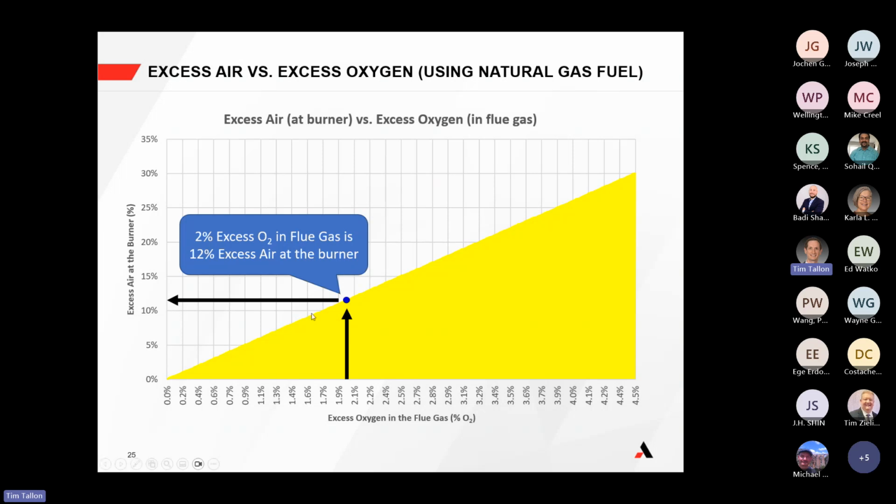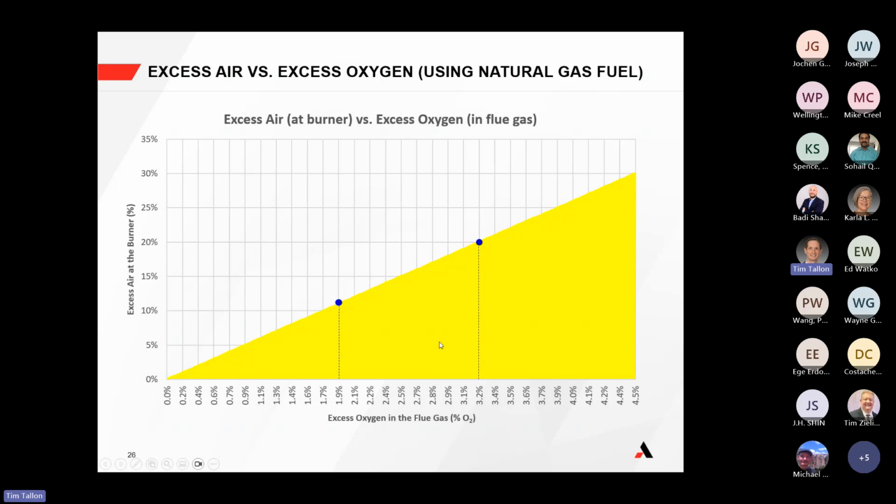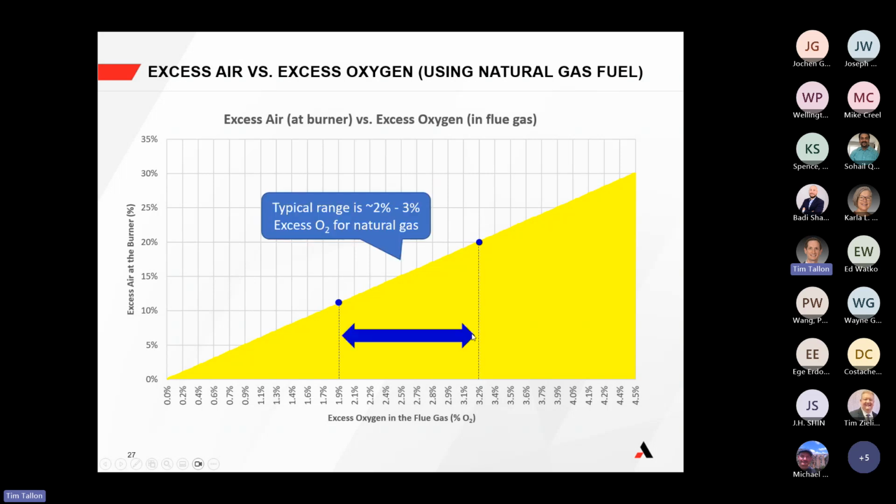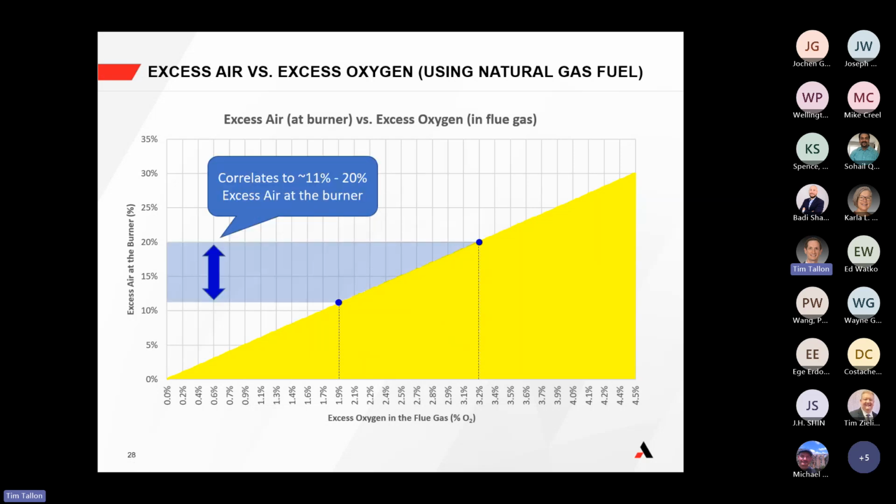So there's certainly this window of operation that we typically see for natural gas for excess oxygen between 2 and 3% for fired heaters, for boilers, for thermal oxidizers, and so on. And that 2 to 3% excess oxygen directly correlates to 12 to 20% excess air at the burner. So there's a direct correlation there that we see.